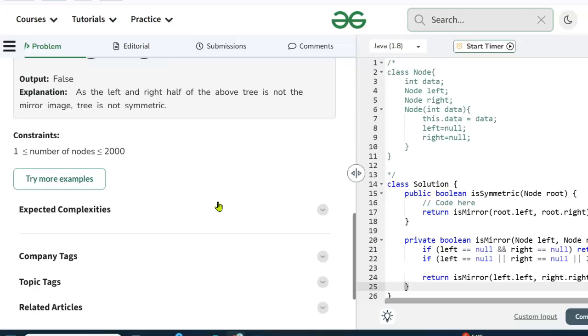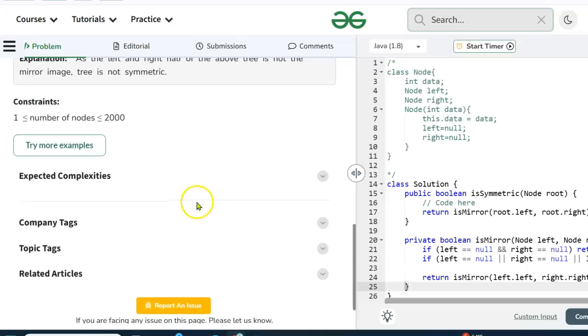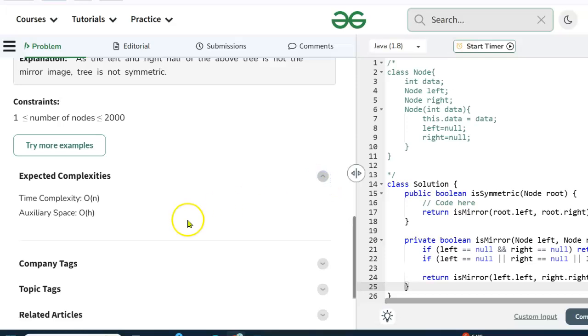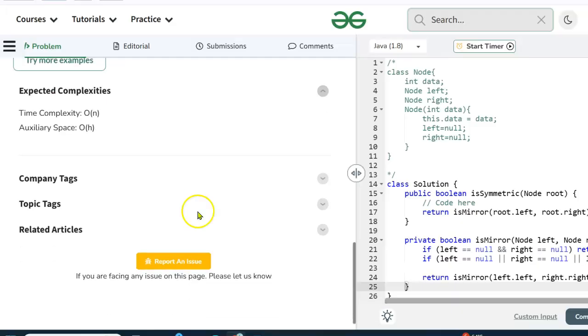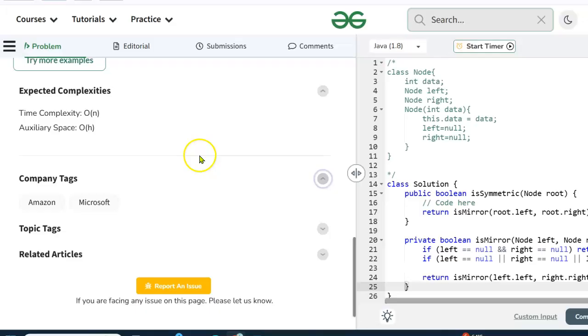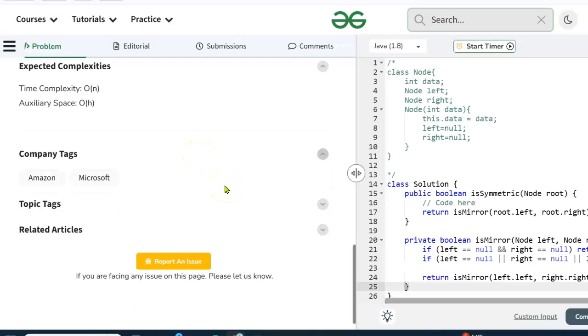All right, we can have up to 2,000 nodes. That's no problem. Expected complexity, O of n. Yeah, we'll look at each node. Company tags, Amazon and Microsoft.